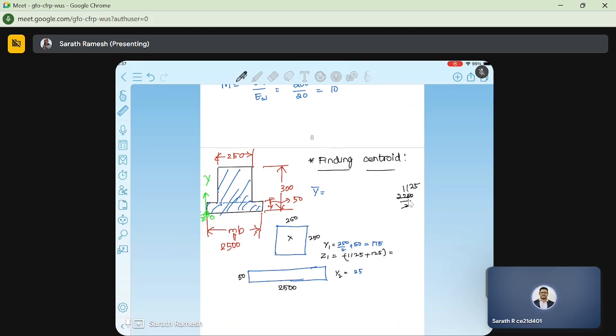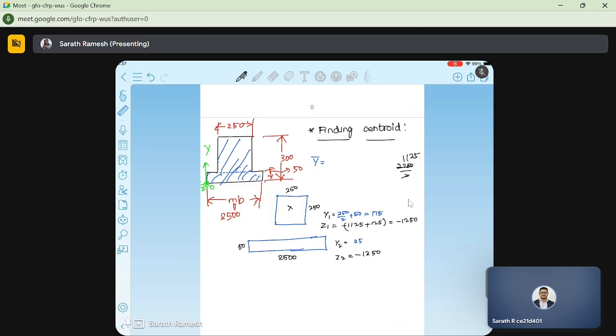So this will be minus 1250. Similarly, z2 will be minus 1250. So z1 and z2 are done.